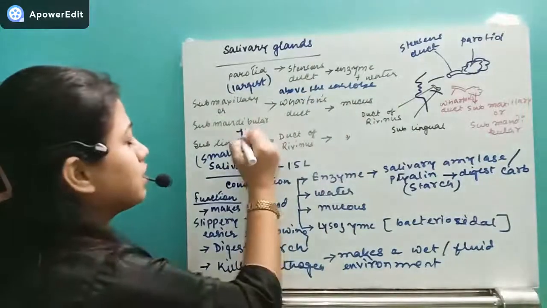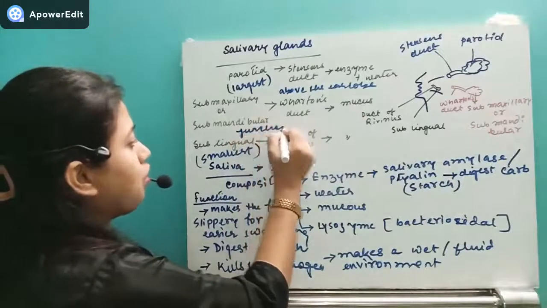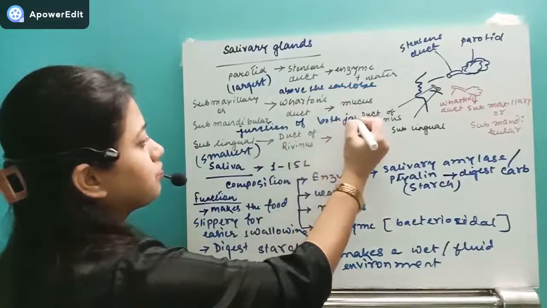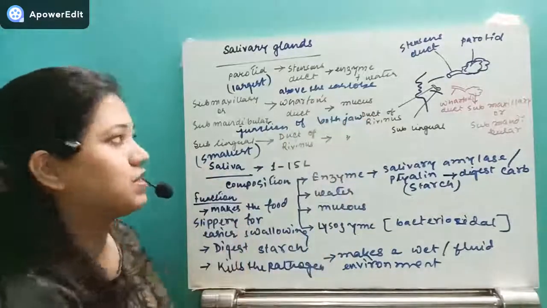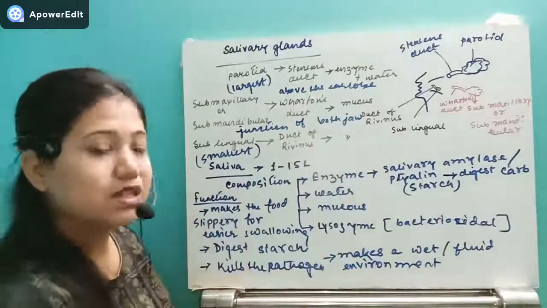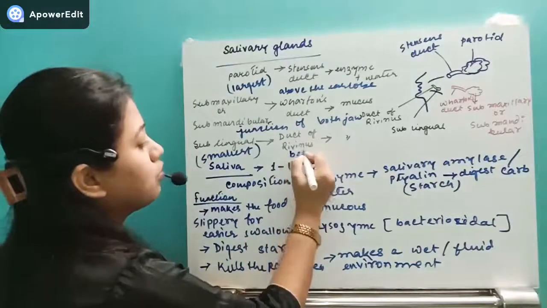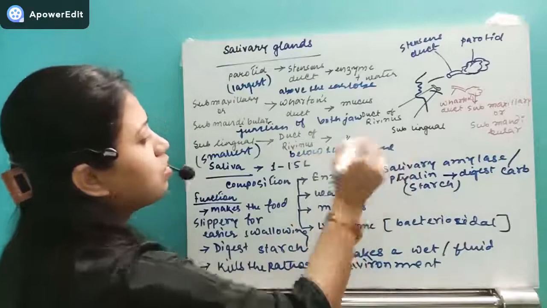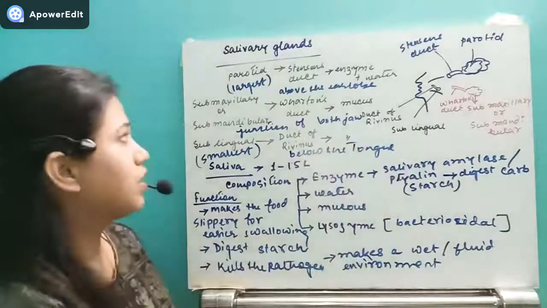It is present in the junction of both jaws. Next one, the sublingual, it is present below the tongue, or in the floor of the buccal cavity.